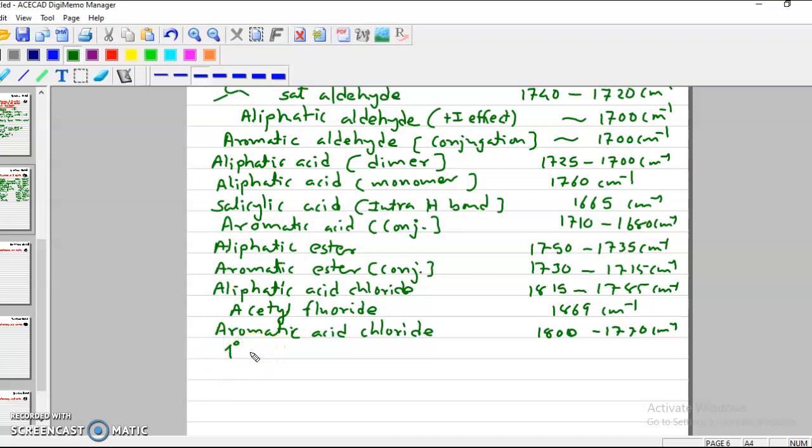In case of primary aliphatic amide, amide means CONH2 group, the signal appears at 1694 cm⁻¹.